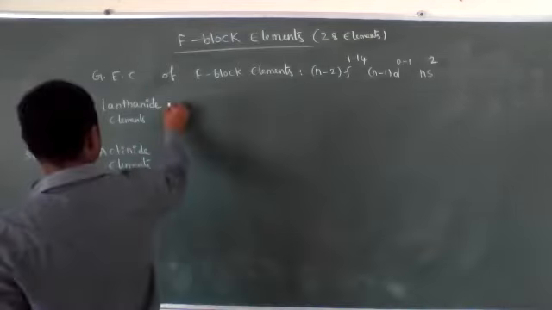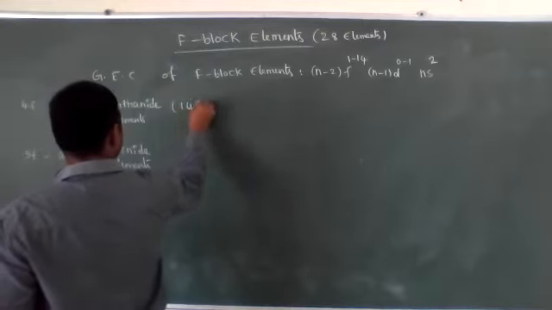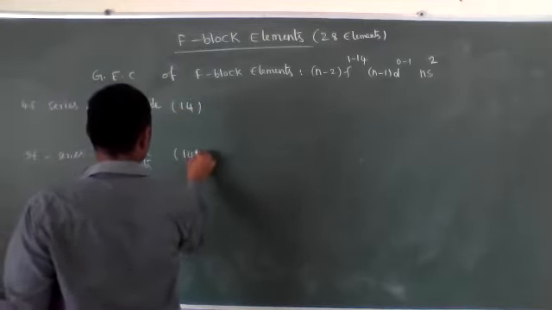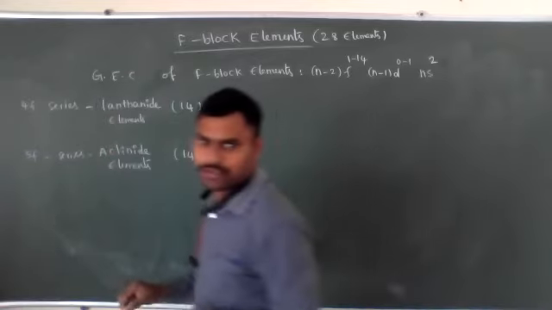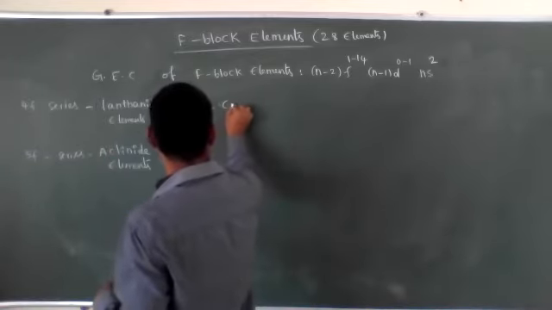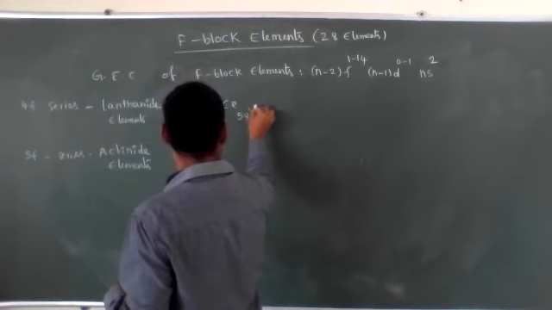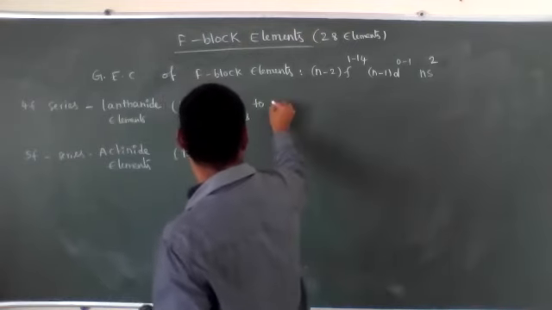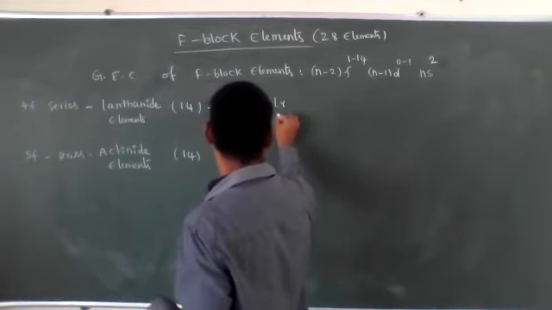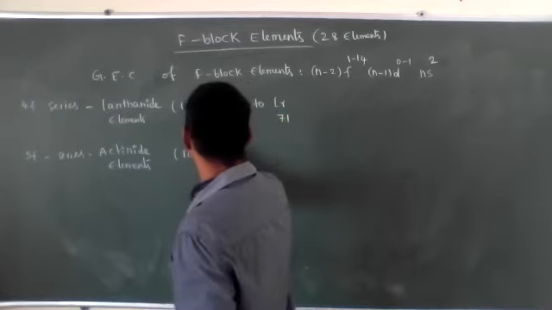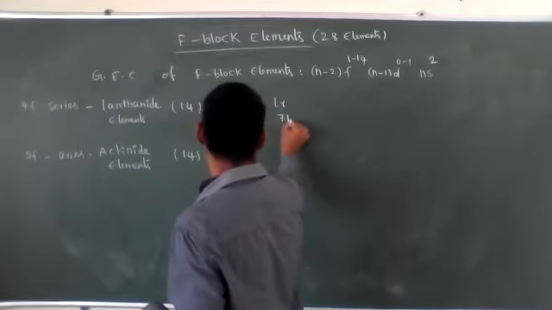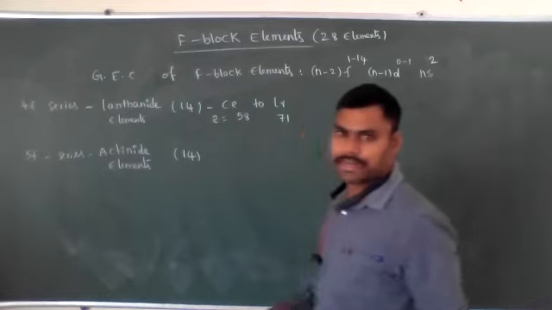See here, how many elements are present? 14. And this is also 14. What are those 14 elements? Cerium, Z equal to 58, to lutetium, 71. Z is equal to 58 to 71. Then total 14 elements are present.